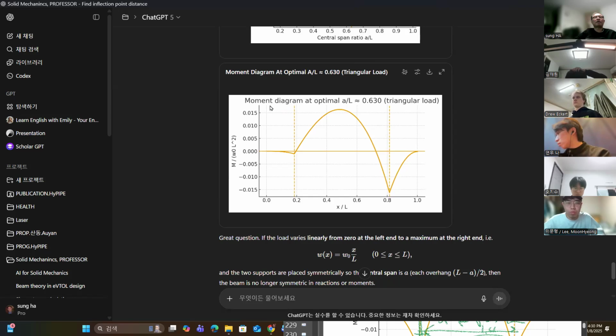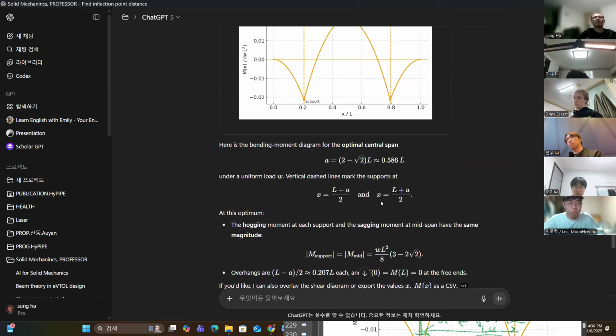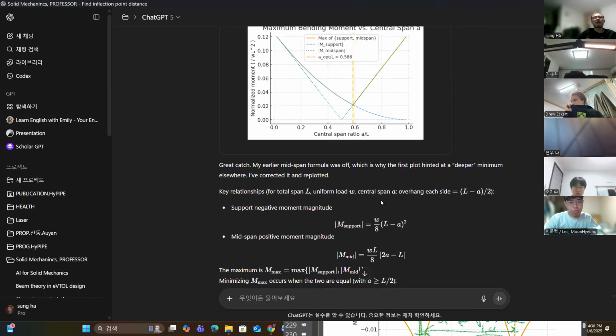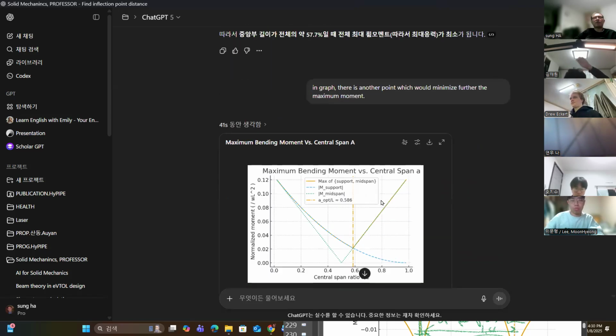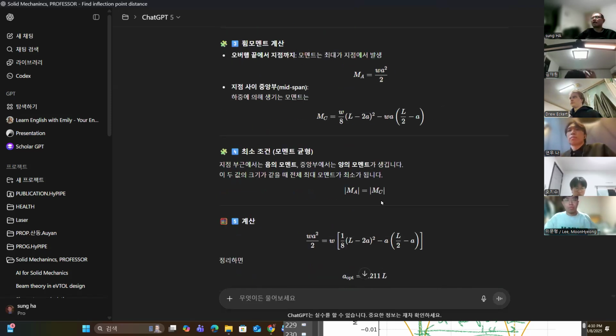You can have this magnitude, and that magnitude will be the same. I don't mean to emphasize the exact value, but my point is how we can use this tool as a design tool with your own problem statement.